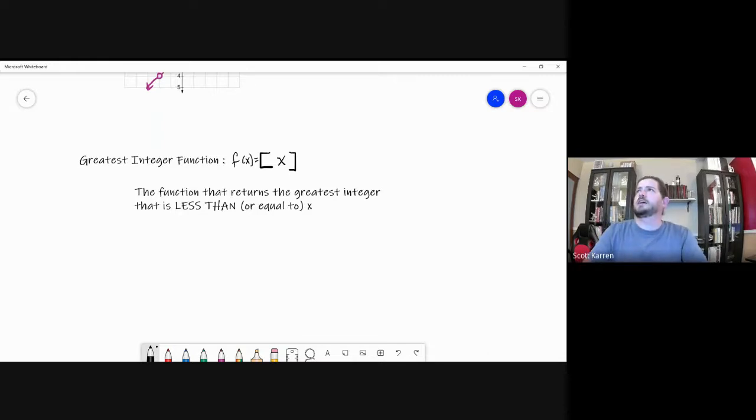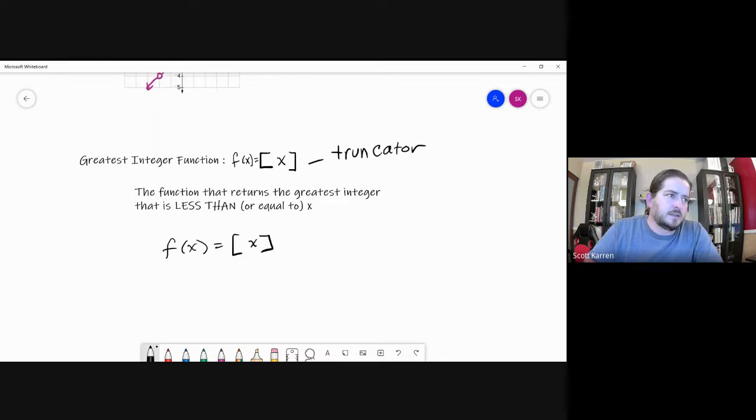I don't know if the book calls it that, but I also don't know if it's OR or ER, but it's a truncator, right? For example, if my f of x is defined as the greatest integer of x, and I plug in something like 1.21536, that is the greatest integer of 1.21536.